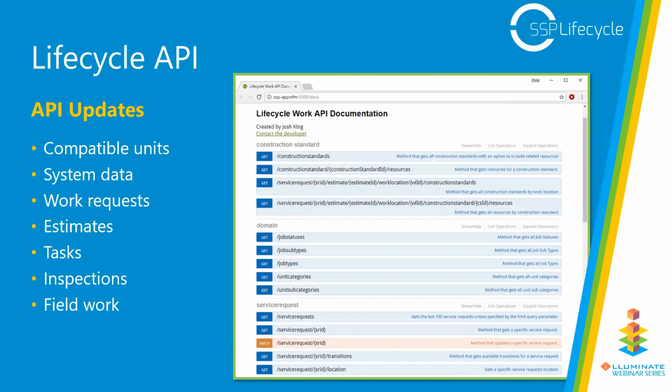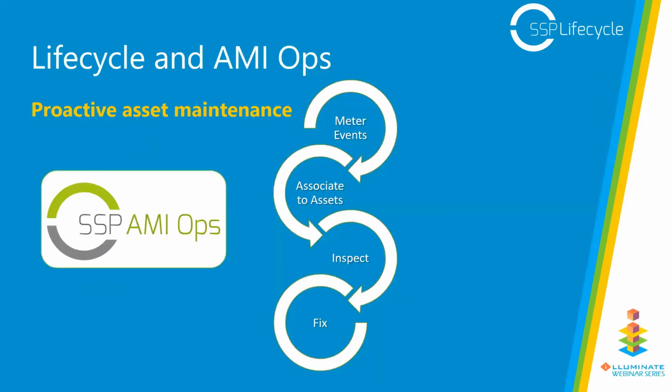And so one of the examples of how we're utilizing that technology and getting some synergies out of the products that we've got is with Lifecycle and AMI Ops. And this is really around proactive asset maintenance that's driven off of monitoring meter events that are maintained inside of a meter data management system.